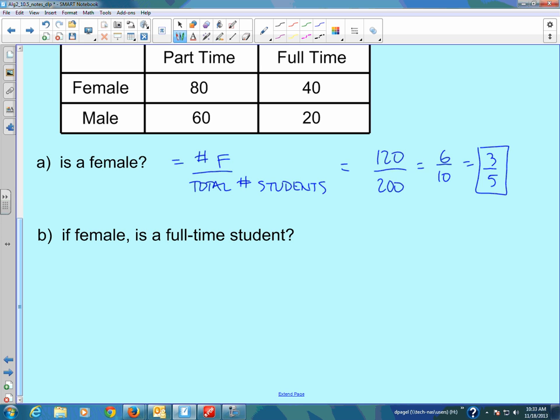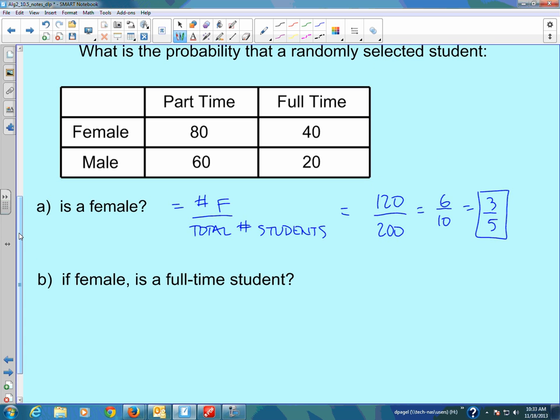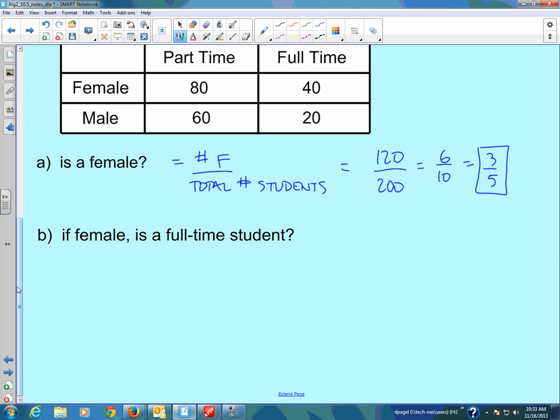Okay, then though we get to the second part. What is the probability that if a female, that student is a full-time student? So this then becomes the conditional probability.